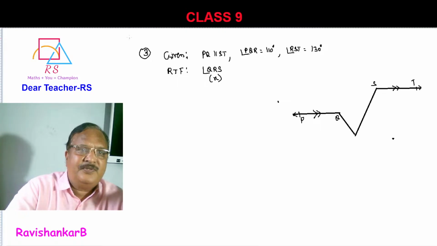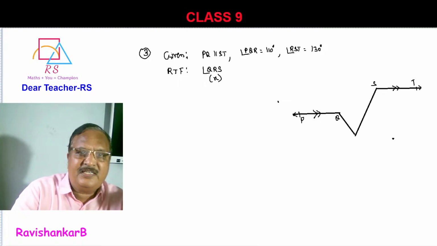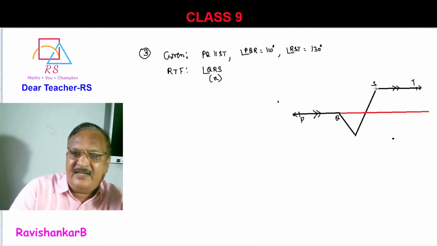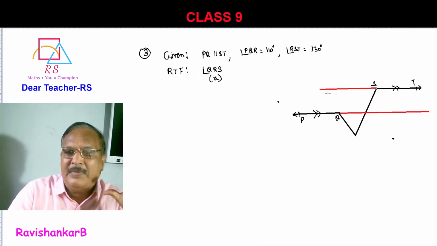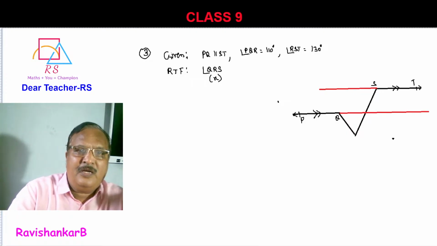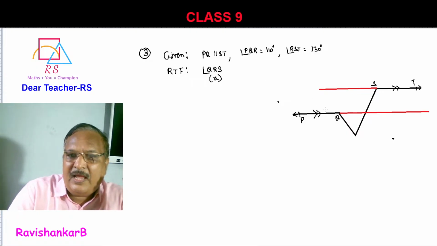You can extend also. Okay, I will extend it. You can extend ST also to this side. Your wish. If it is needed, you can extend it, so that you will understand the parallels and transversals easily. So red color ones are extensions. Okay. So now I will put the angle PQR.